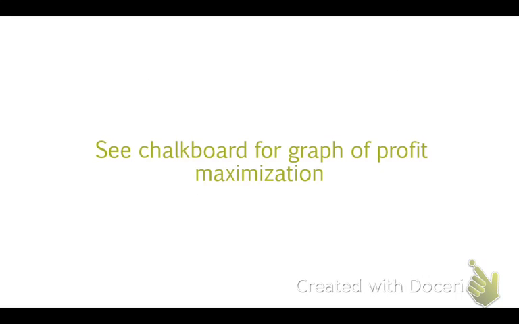Okay, so a graph of profit maximization. Our vertical axis is cost and revenue.